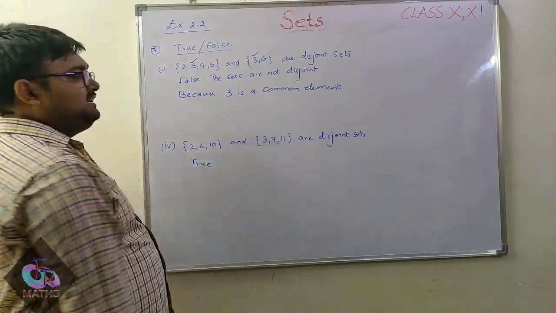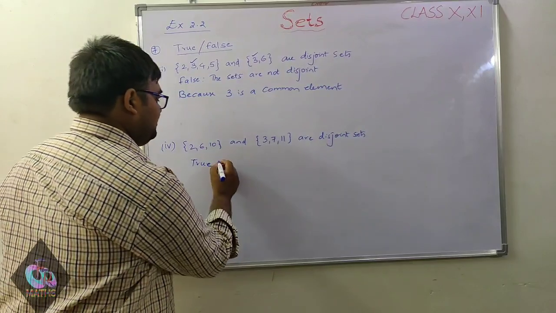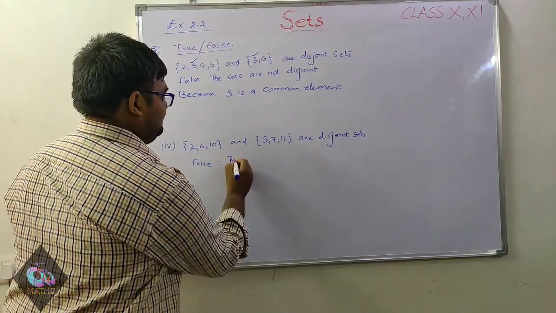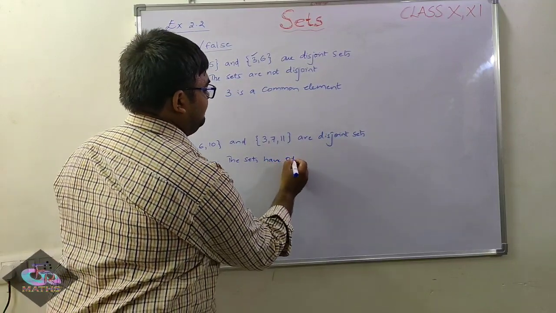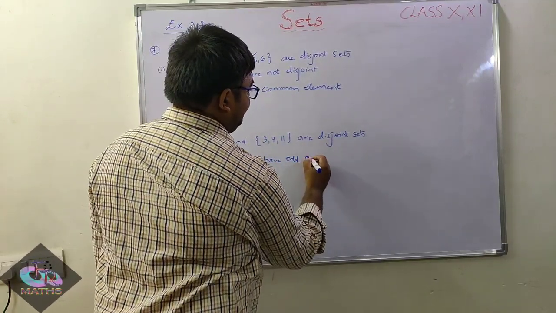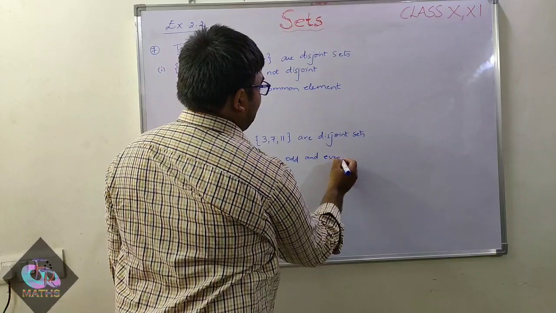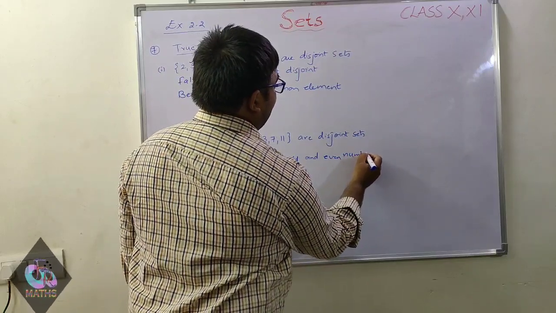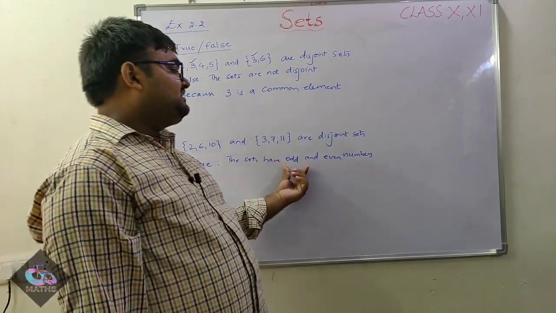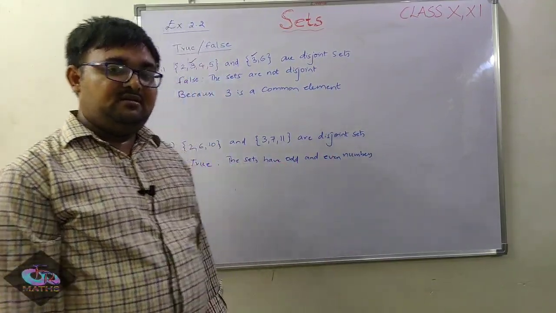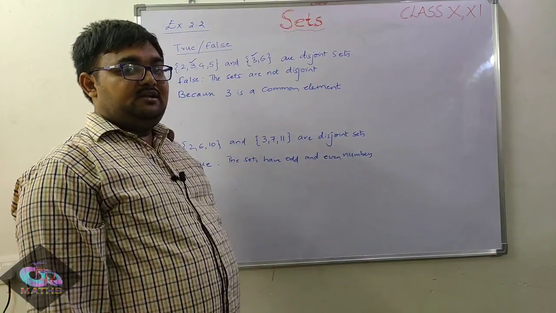Hence the given statement is true because the sets have odd numbers and even numbers. An odd number set and an even number set can never have common elements.